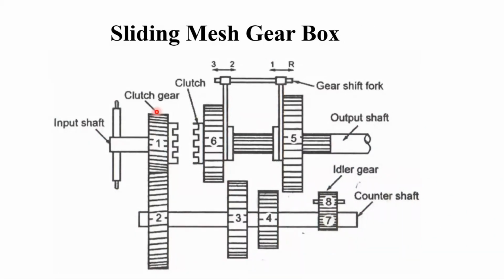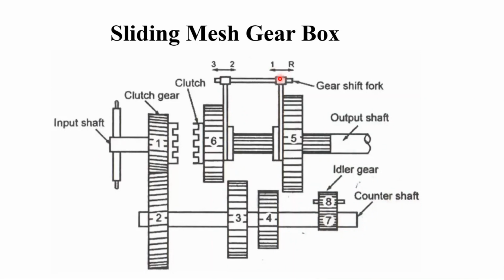This is the layout. You have the input shaft, the counter shaft, the output shaft, and the gears which will slide. The name itself indicates sliding mesh gearbox, which means the gears will slide over each other. Just look at this.